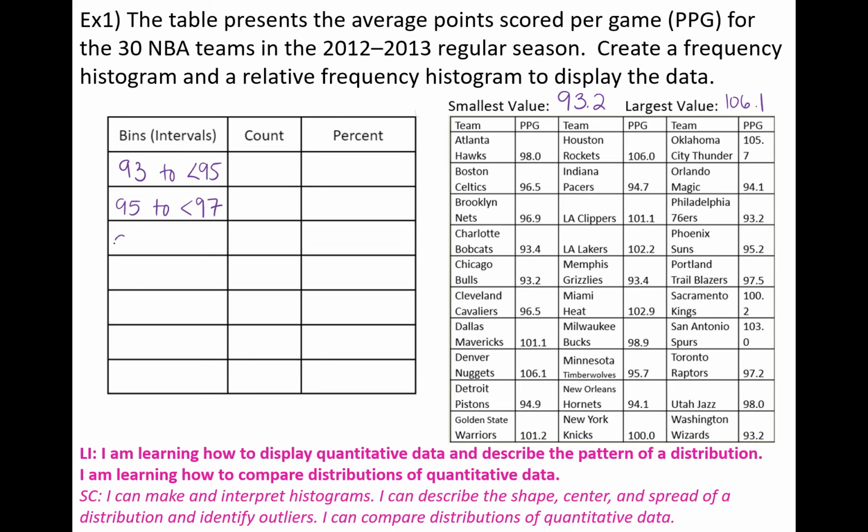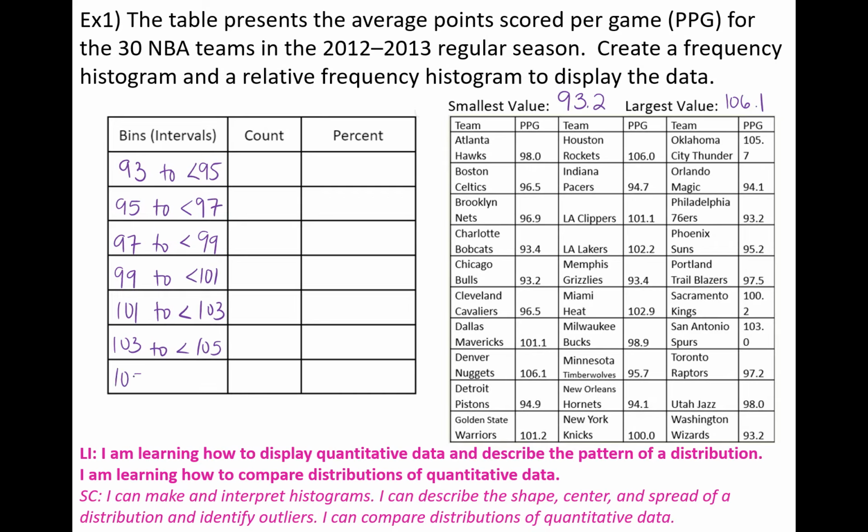And then the next one is 97 up to less than 99. Then 99 up to less than 101. Then 101 up to less than 103. Then 103 to less than 105.